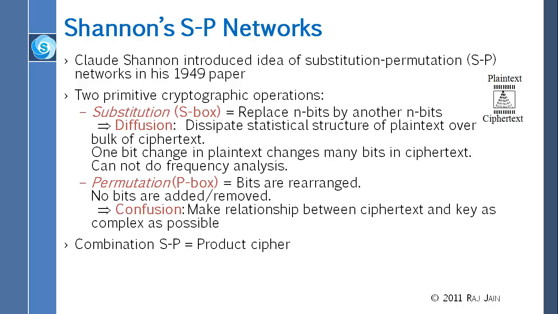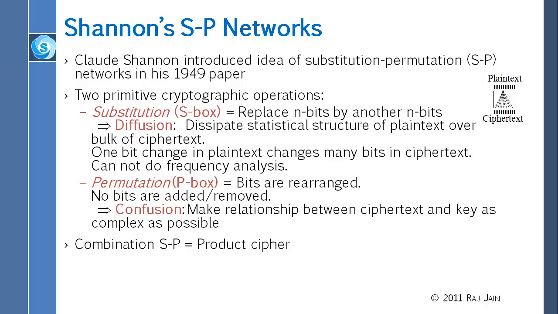So anyway, he was the first one, and he says that any encryption we do should have two features. First, it should have diffusion, and second, it should have confusion. Diffusion means if I change 1 bit in the input, most of the bits in the output should change.